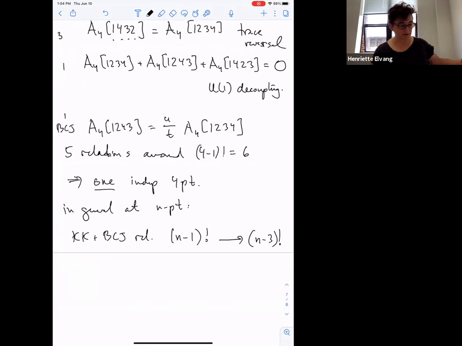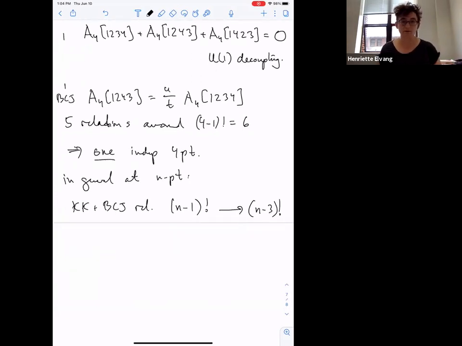And this is extremely convenient because the n particle version of the double copy involves precisely (n minus 3) factorial amplitudes.